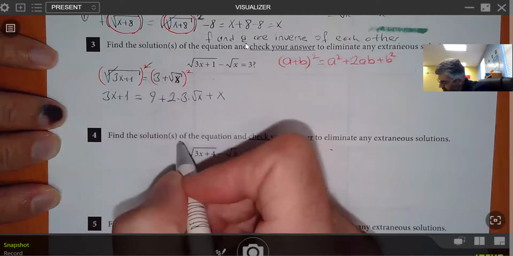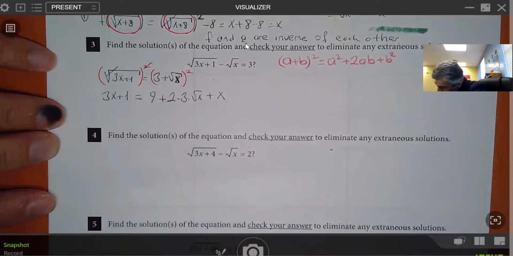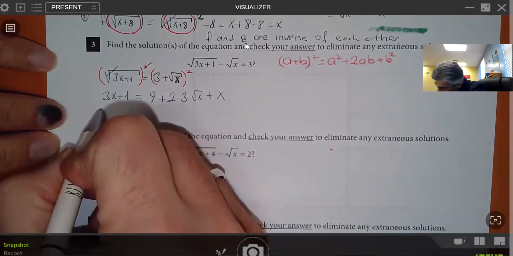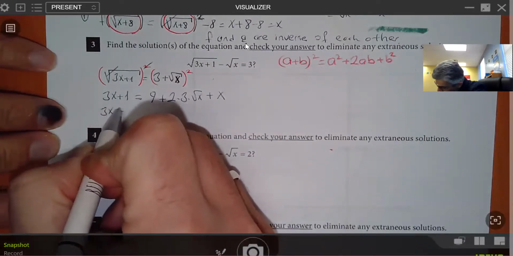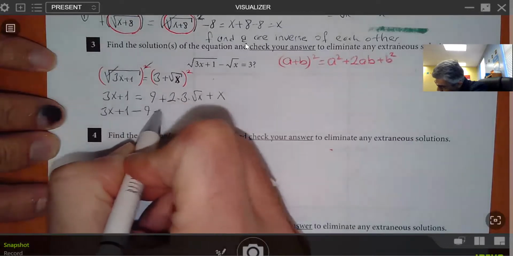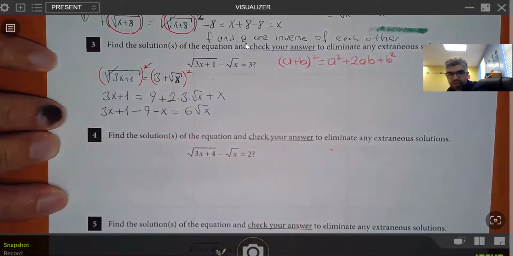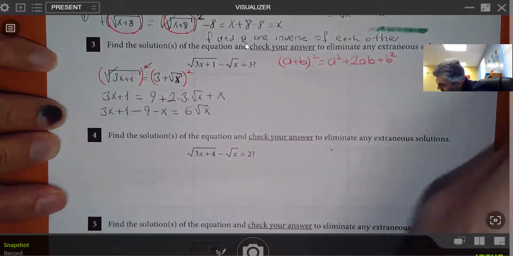Square and square root cancel out each other. So I combine the like terms. 3x plus 1. If I subtract 9 and x on both sides, I will have this one. So I subtracted 9 and x on both sides.